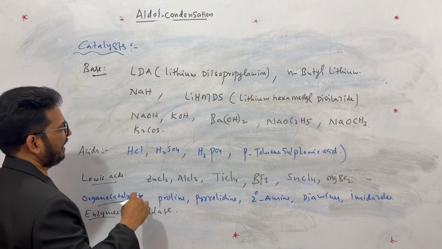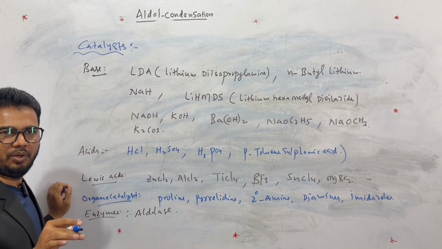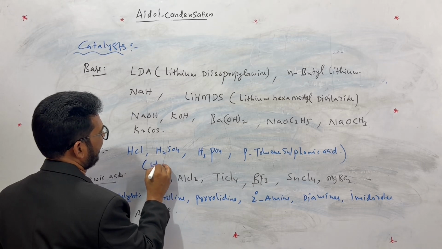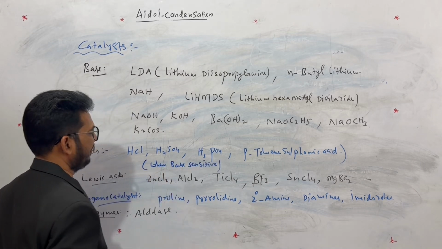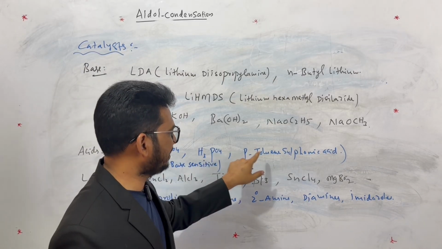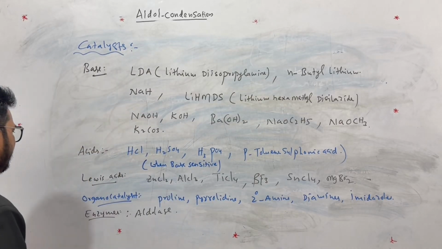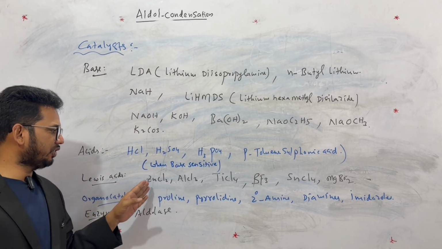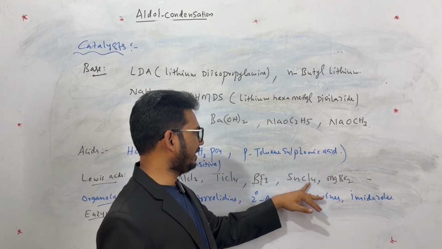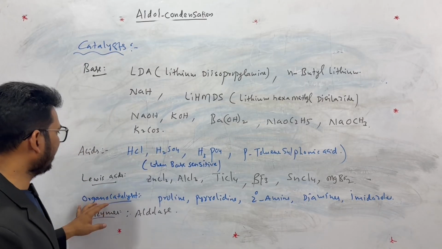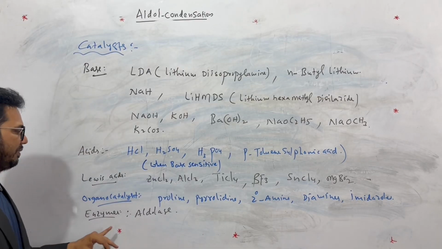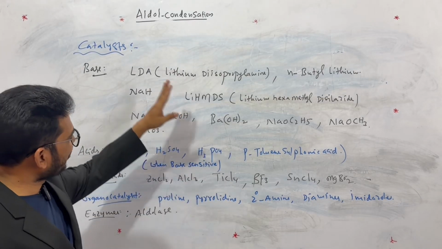When the products, whether aldehydes or ketones, carbonyl compounds, are base sensitive, we use hydrochloric acid, sulfuric acid, phosphoric acid, or para-toluenesulfonic acid, in that case only. Sometimes we use Lewis acids also: zinc chloride, aluminum chloride, TiCl4, boron trifluoride, stannic chloride, magnesium bromide. Then organocatalysts also: proline, pyrrolidine, secondary amines, diamines, imidazole. Enzymes also, like aldolase. We have to remember all these things.